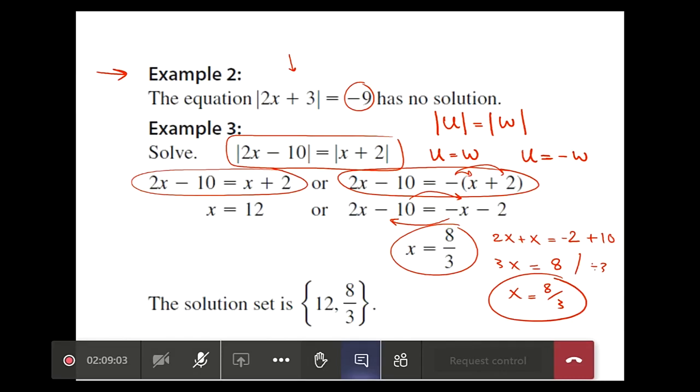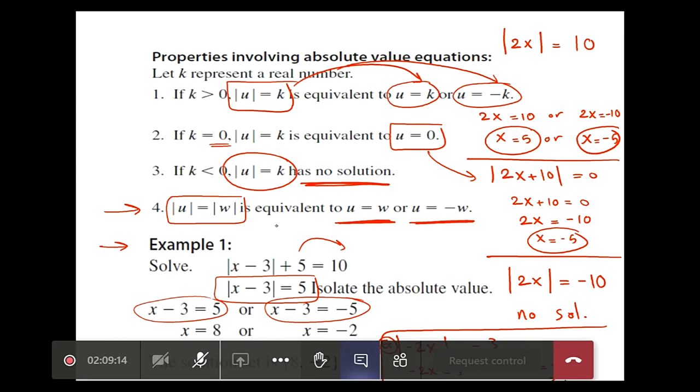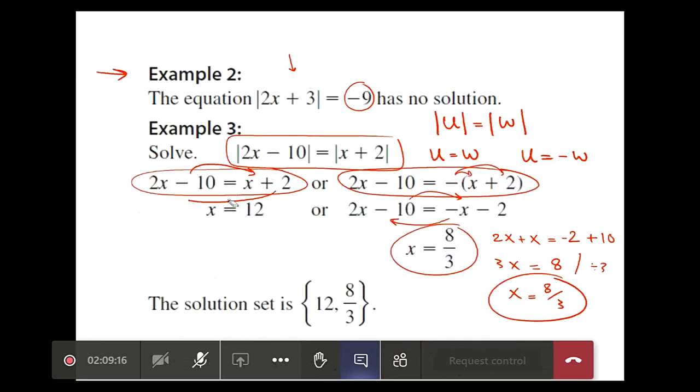This is the solution. Another one: move the 10, move the x to the other side, so we have 2x minus x equal 2 plus 10. So we have x equal 12.